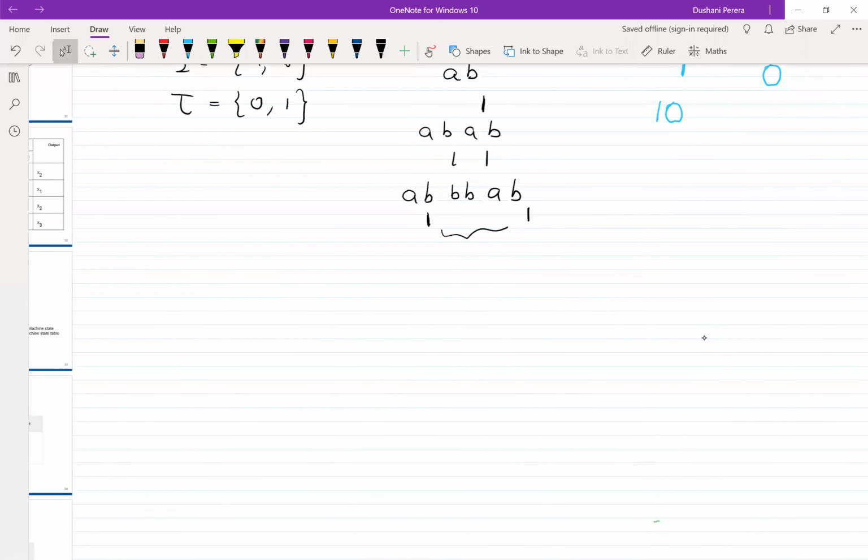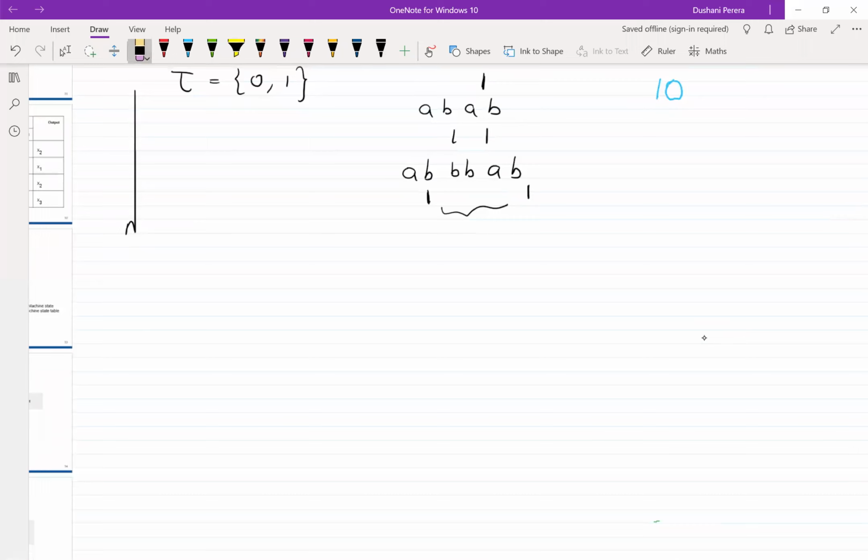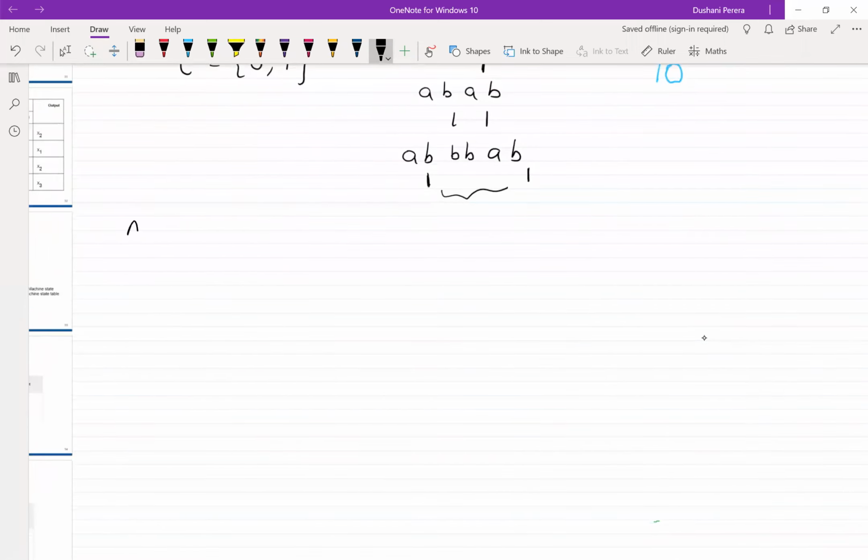So say you have a state. You are at the initial state A. Okay, then upon seeing A, B, you come to the final state.